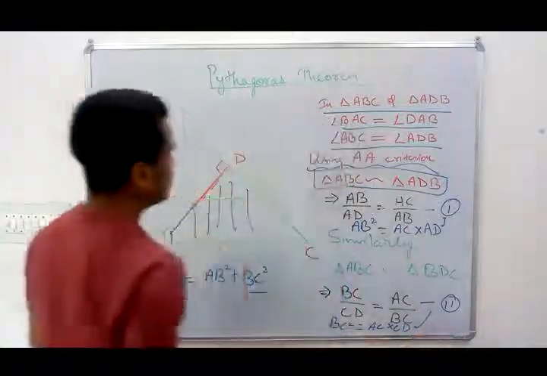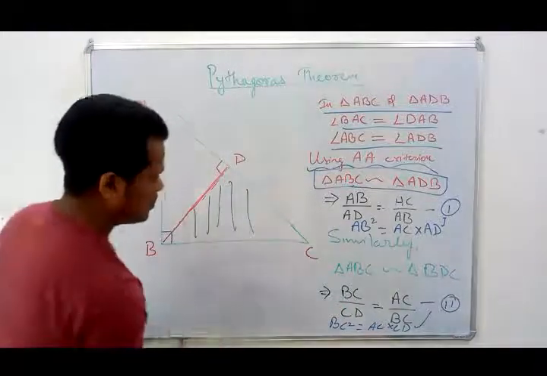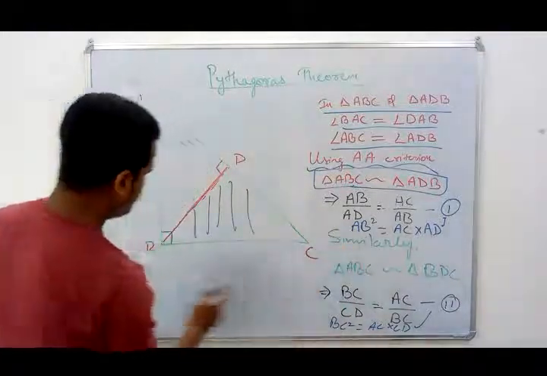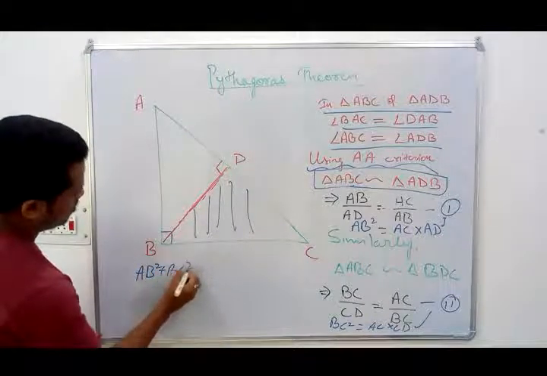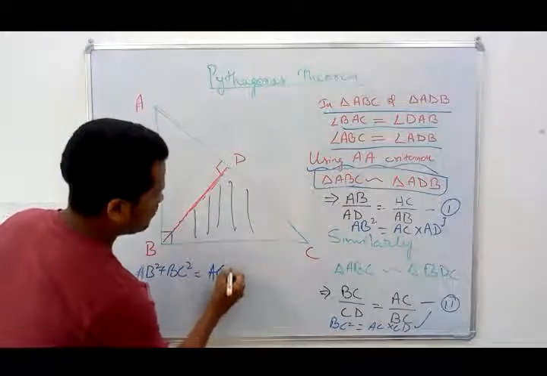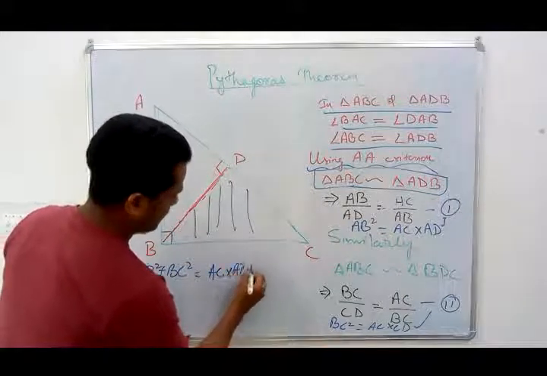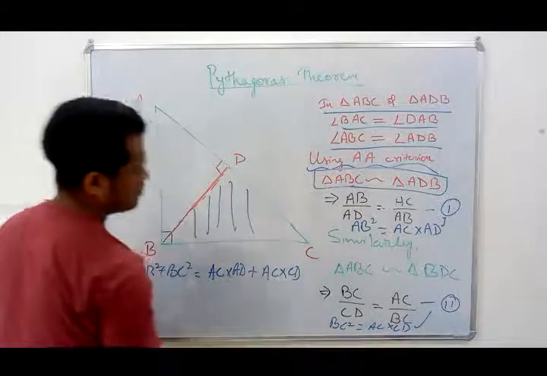Now all I am asking you is to add these two, that is AB square and BC square. You will get on that side AC into AD plus AC into CD.